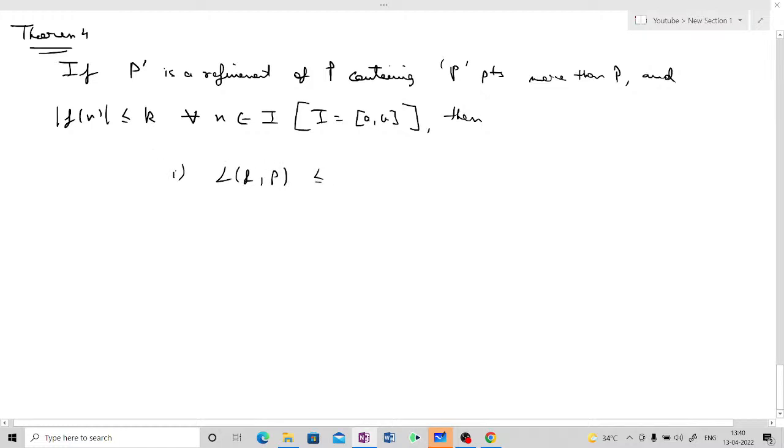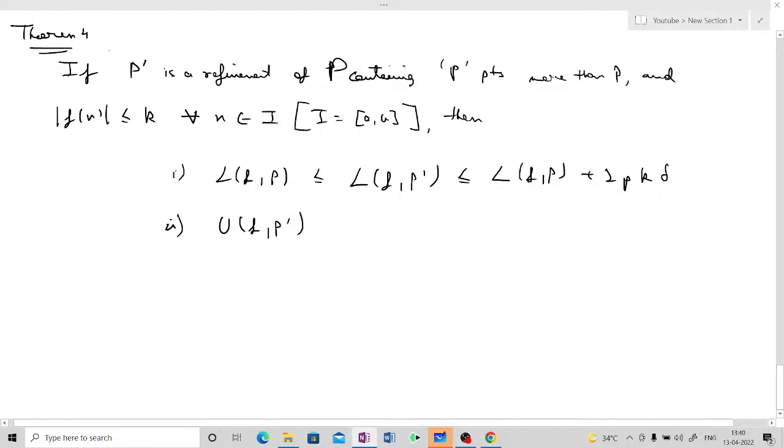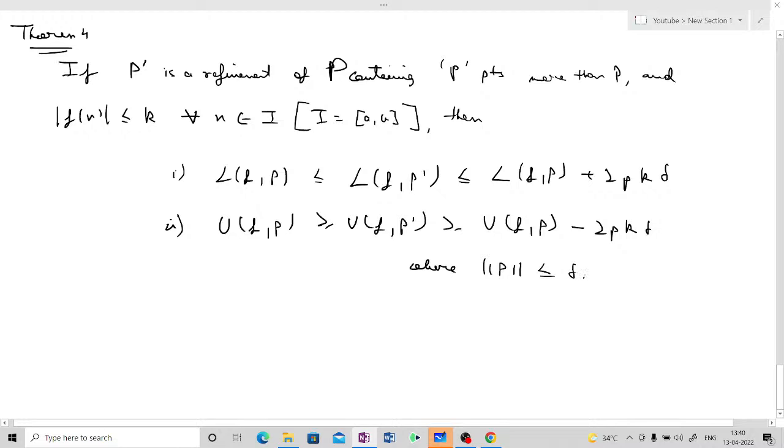LFP, P is this partition capital P. LFP is less than equals to LFP prime, which is further less than equals to LFP plus 2 times small p times k times delta, and UFP is greater than equals to UFP prime, which is further greater than equals to UFP minus 2 times small p times k times delta, where the norm of the partition capital P is less than equals to delta, not lambda, sorry, delta.